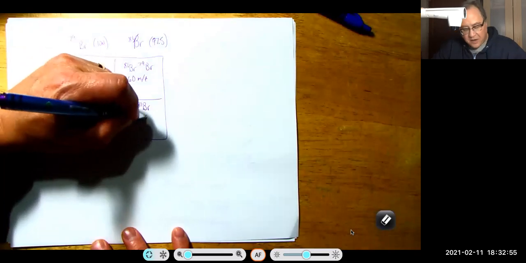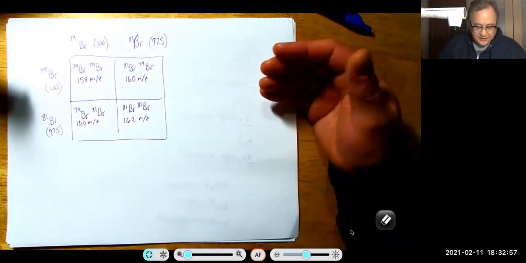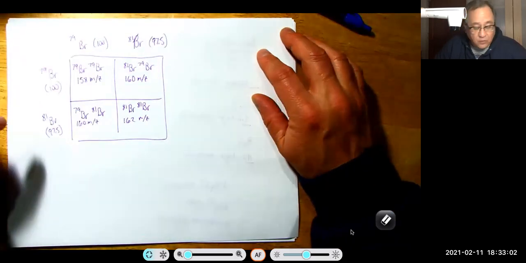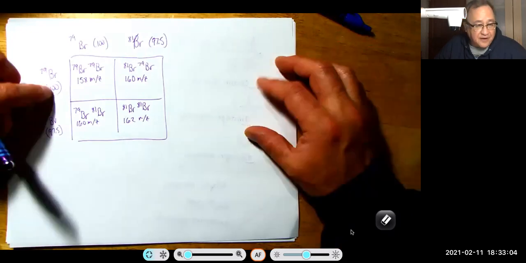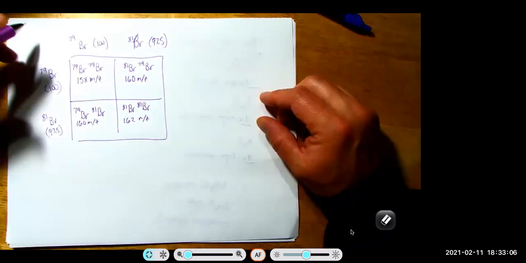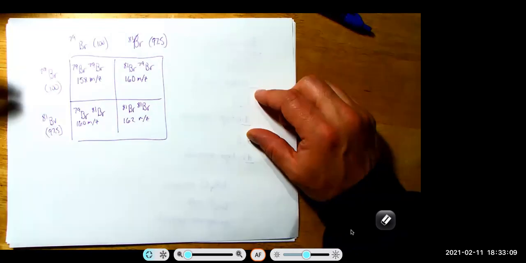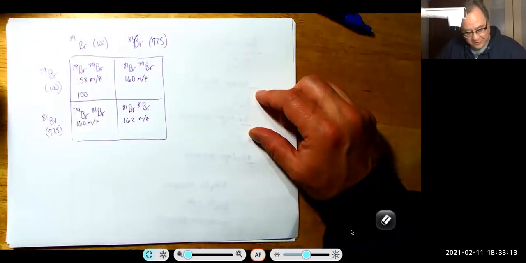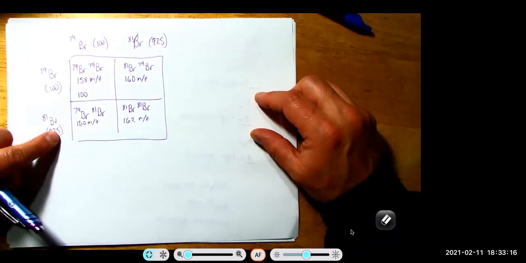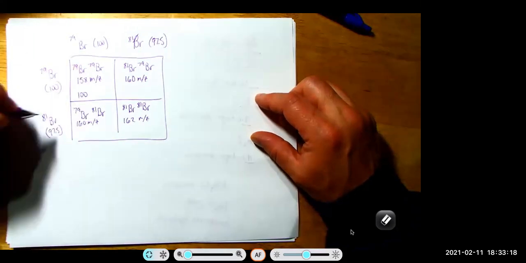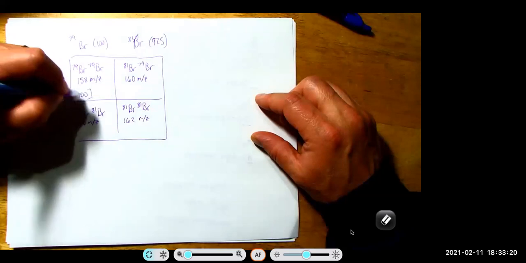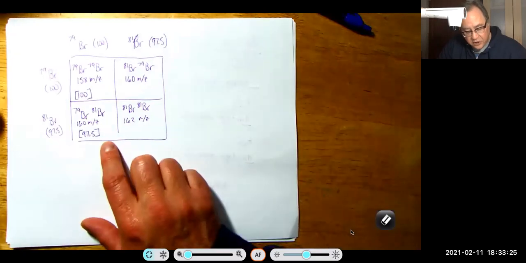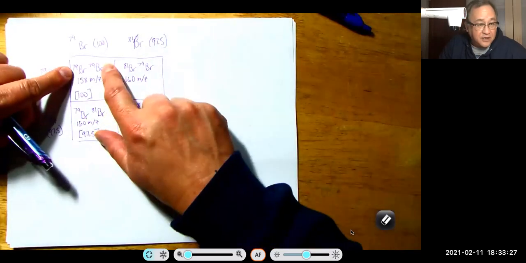So when we talk about relative intensities, all you do is multiply these two numbers and leave it like that, or I like to multiply these two numbers and divide by 100. So what's 100 times 100 divided by 100? 100. And that's why I like to divide by 100. What's 97.5 times 100 divided by 100? 97.5. Now, these are relative intensities, meaning if you had these two combined, it'd be a peak of 100.